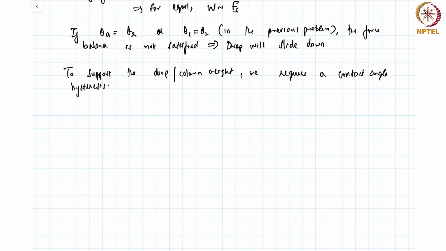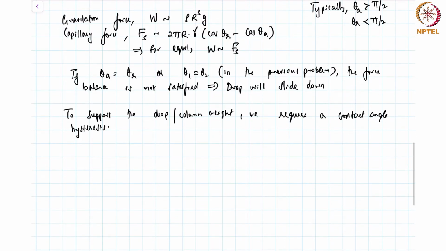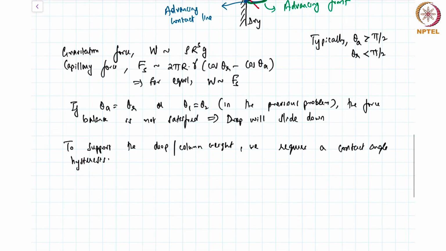You can only have this when you have a contact angle hysteresis. And in both these problems, if you do a force balance, you will get a relationship between surface tension and gravity as well. And there is a relationship between the size of the droplet and the capillary length. So if the droplet becomes much larger than the capillary length, then obviously surface tension force cannot hold it together, and you will actually have the droplet sliding down.